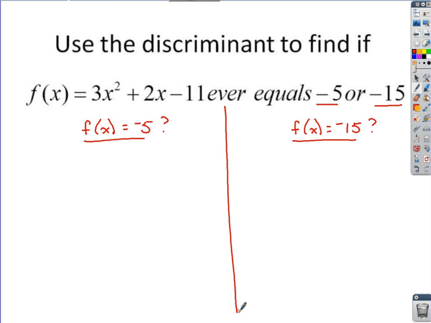We're going to use what we know about the discriminant. Well, we're going to take our function, f of x being equal to 3x squared plus 2x minus 11 again. If the value of the function is going to be negative 5, well, let's set that equal to negative 5.